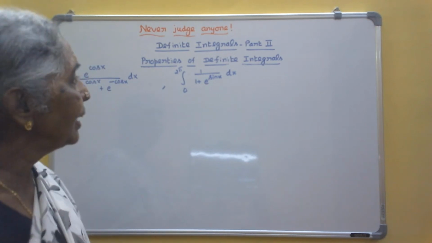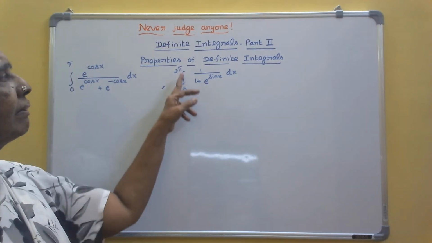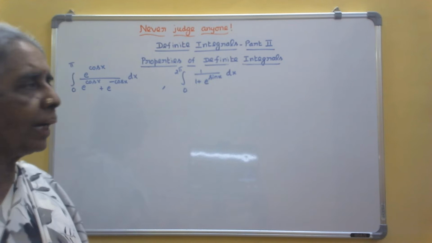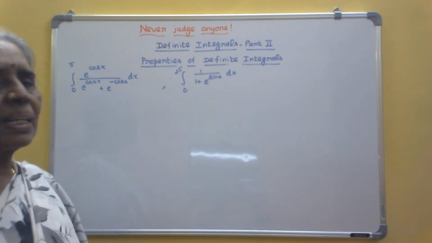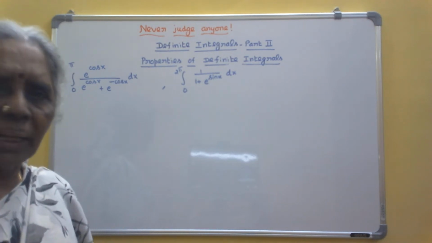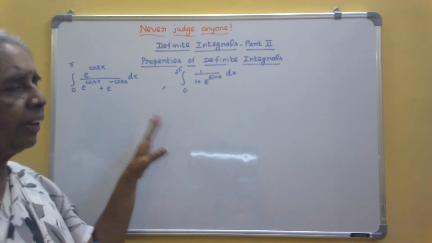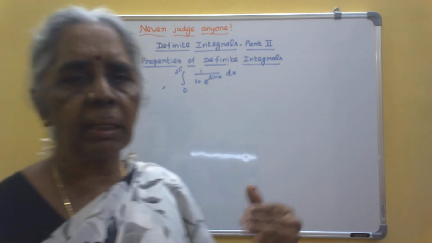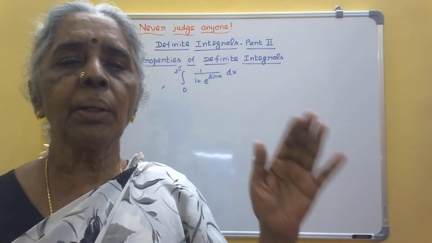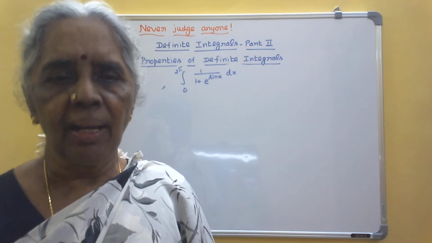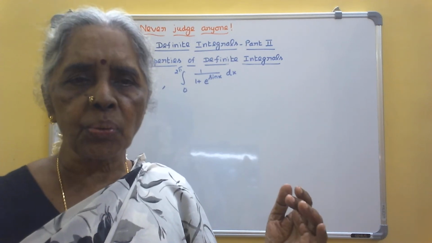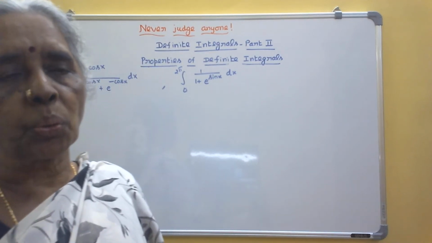Okay. Then next one, integral 0 to 2 pi 1 plus 1 by 1 plus e power sin x dx. Okay. So a bit different from what we have worked so far, but we are going to use the same property. Let us see what is the use of that property in these two sums.